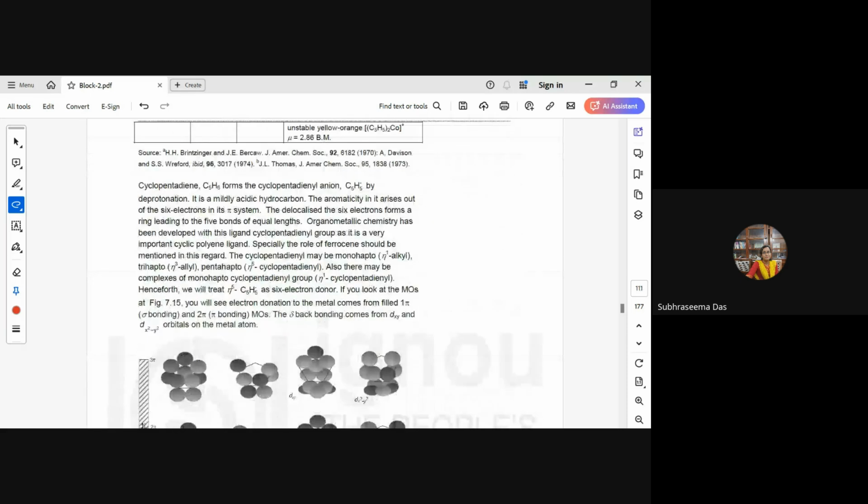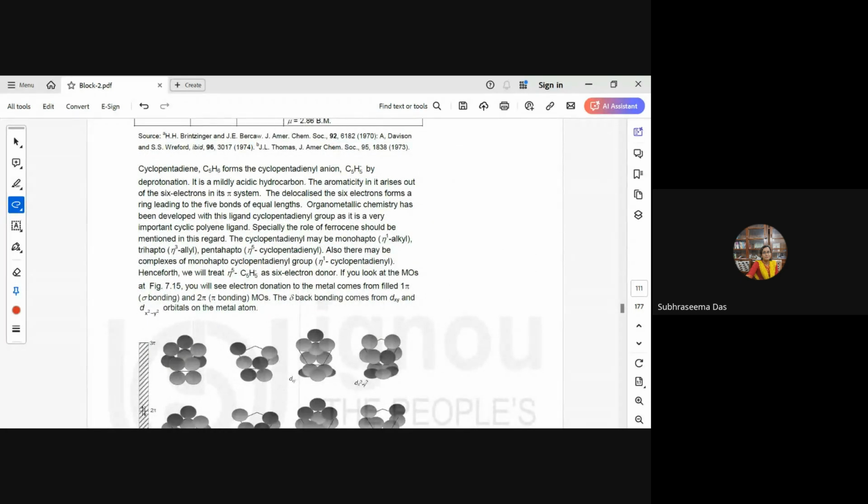metallocenes. Now, cyclopentadiene, that is C5H6, forms the cyclopentadienyl anion, C5H5 minus, by simple deprotonation in acidic conditions. So this anion is a mildly acidic hydrocarbon. The aromaticity in it is due to the 6 electrons in its pi system.